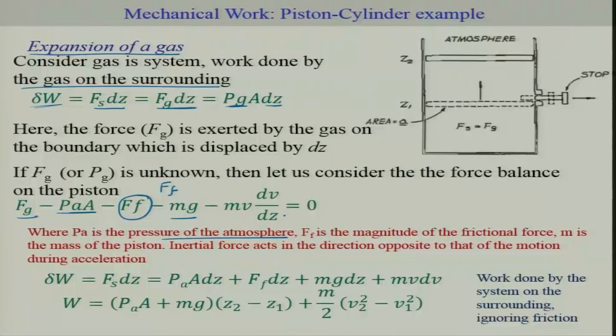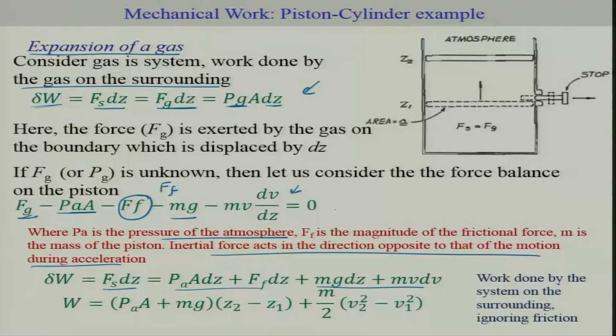If you rewrite it in this form, then you can get this expression. Now, remember that the inertial force acts in the direction opposite to the motion during the acceleration. So, you can rewrite this and make use of Fg from this expression, plug it in, and you will get Fs ds equal to nothing but this term.